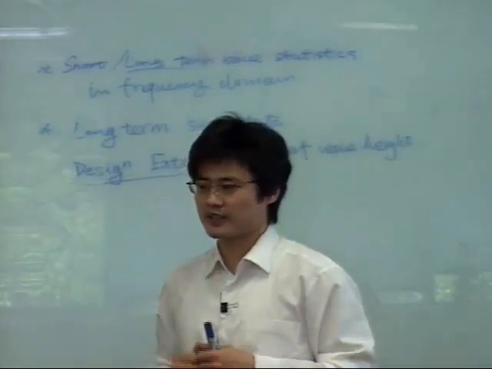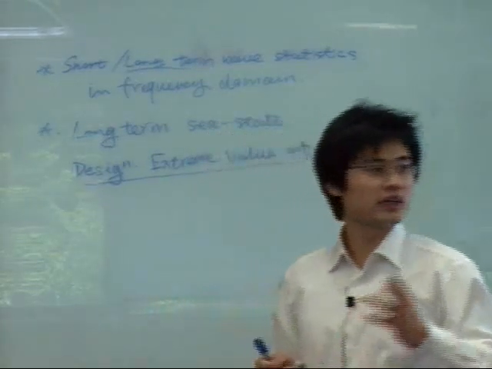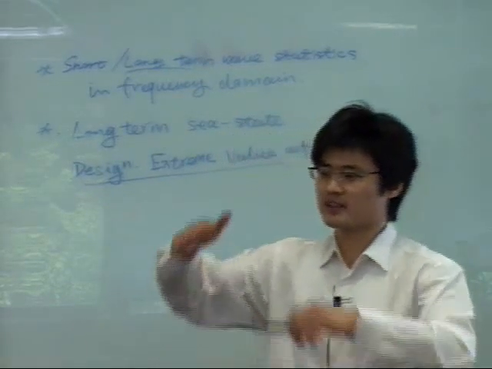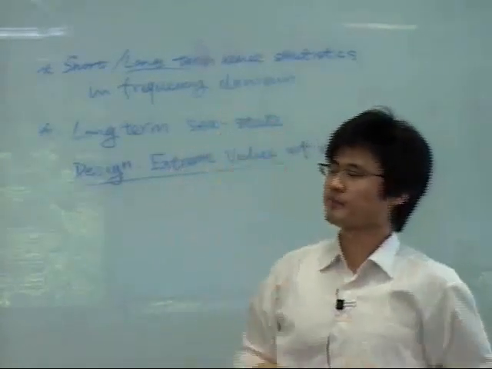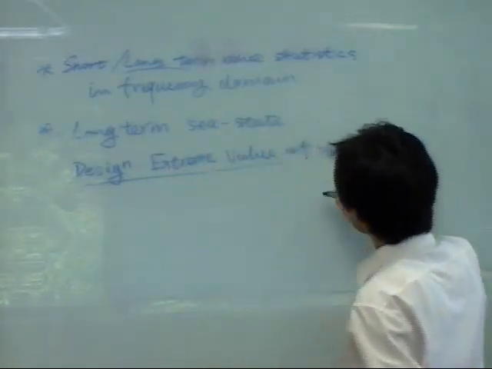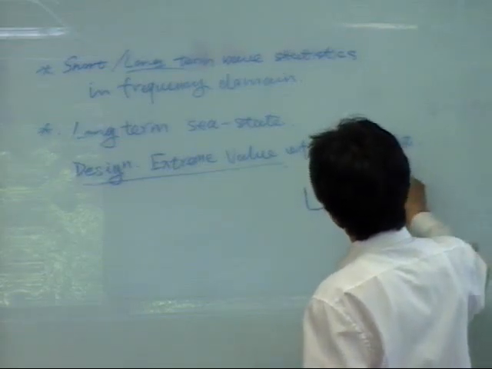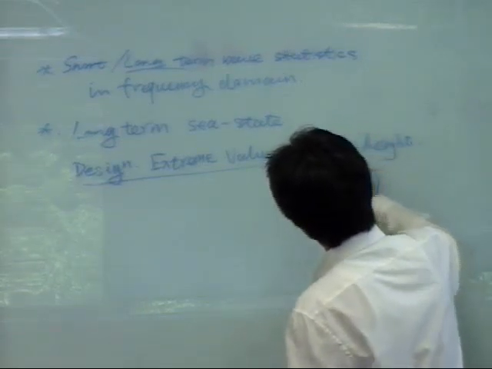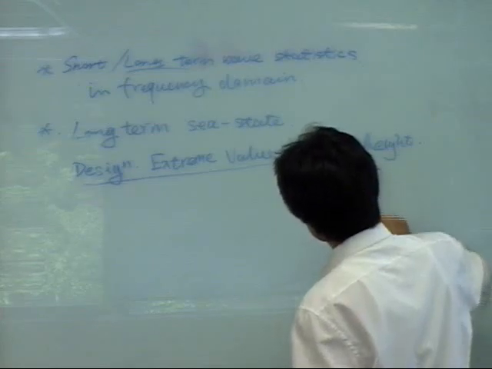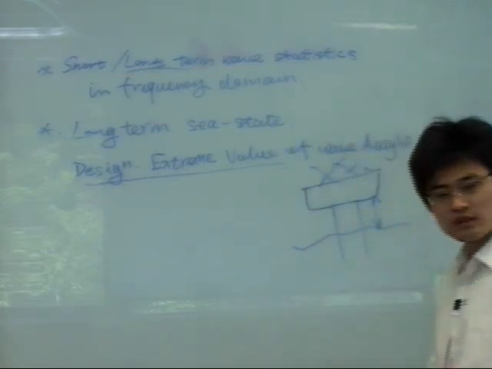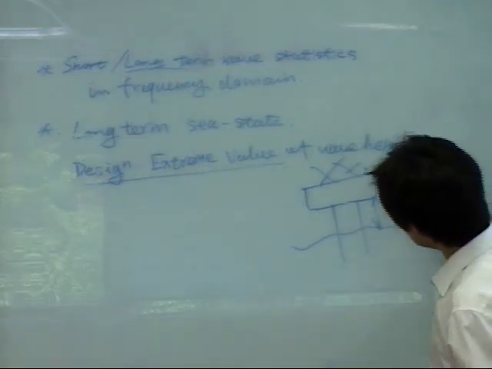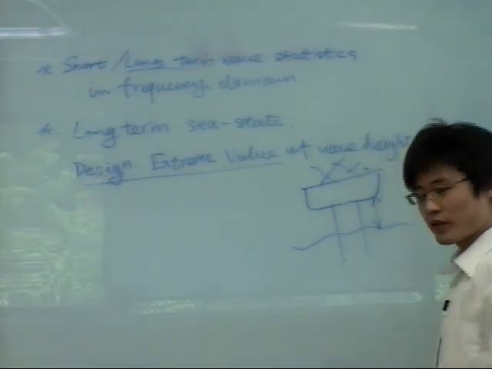I have to know that in order to do quite a few things, like design the air gap. If we have a structure like a spar, with whatever on the top, and this is a spar with waves, I want to know the height of this. It's called the air gap or the dry draft.